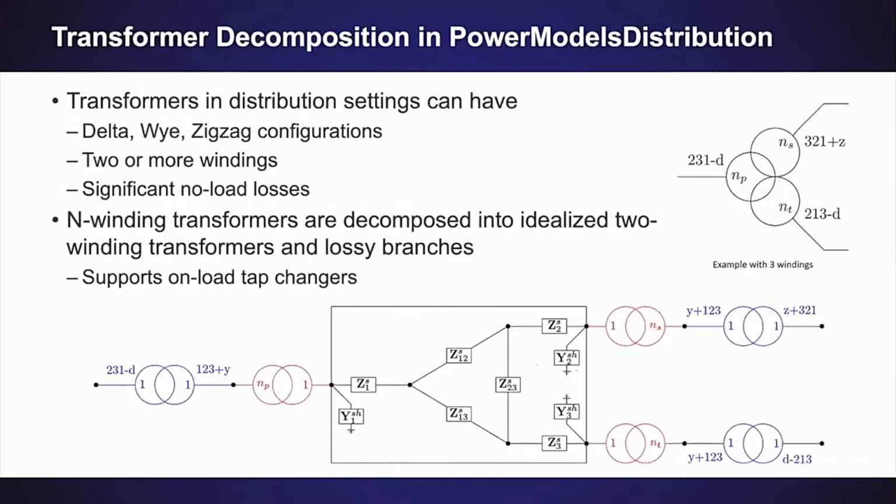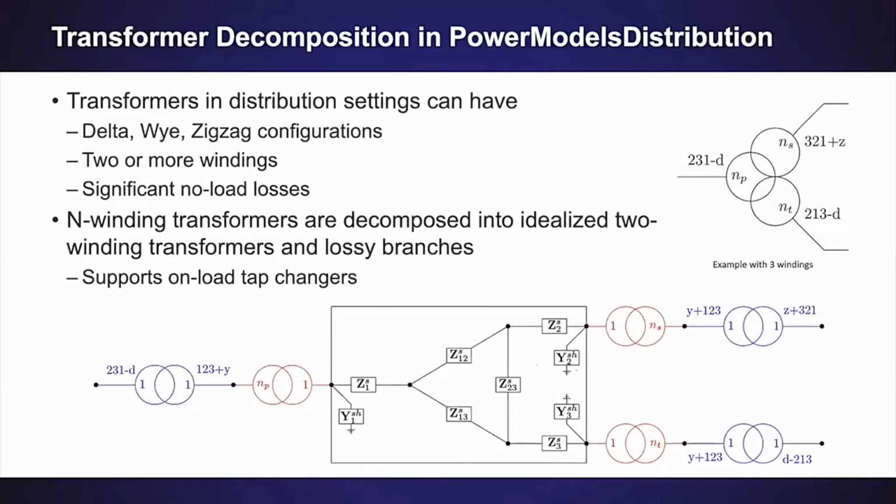One component, though, that I'd like to highlight in particular is multiphase transformers, which can have many different settings in multiphase networks. They can have delta, Y, or zigzag configurations, 2 or more windings, and significant no-load losses, which makes them difficult to model straightforwardly.